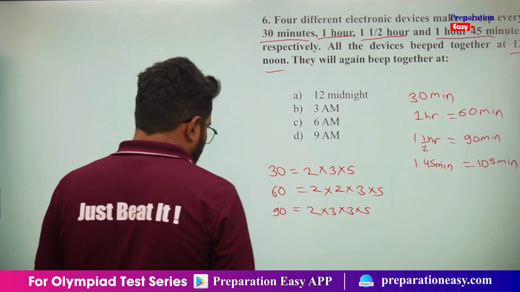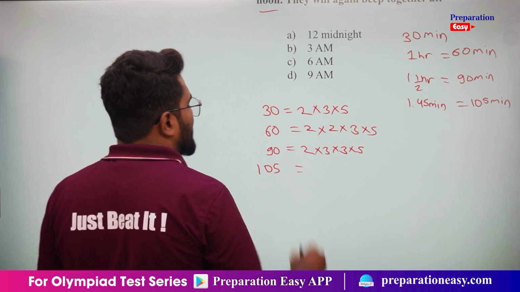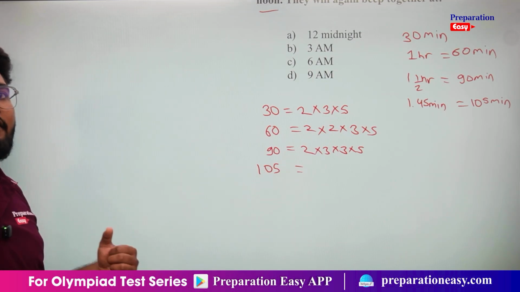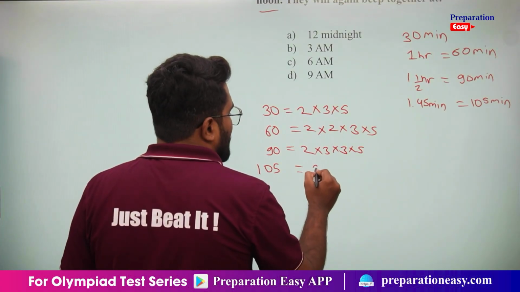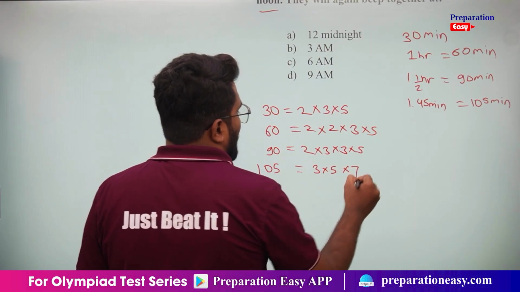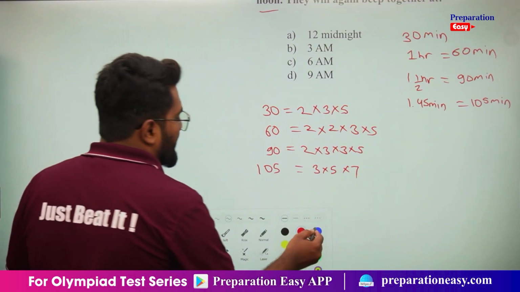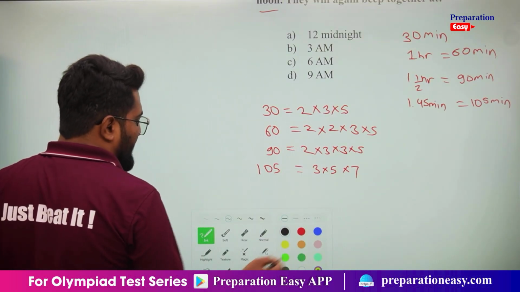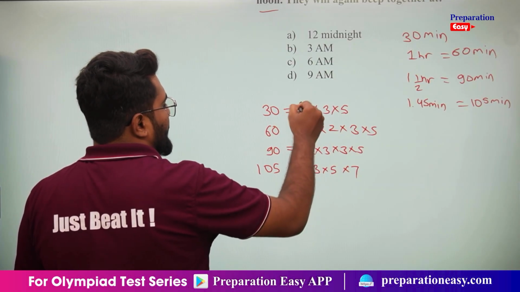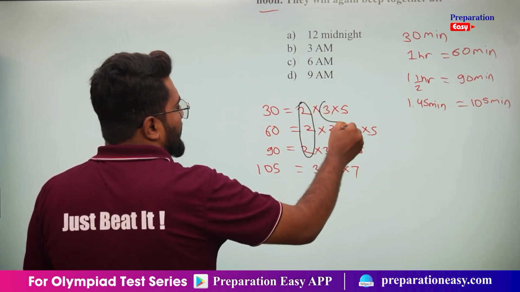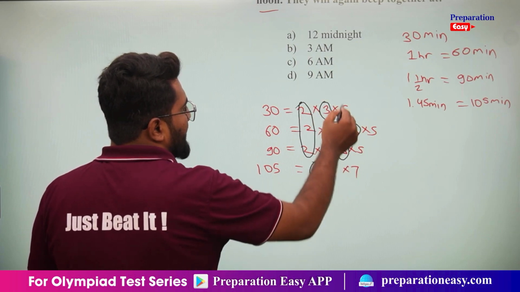And the last one is 105. 105 can be written as 15 into 7, and 15 can be written as 3 and 5. So 7 5s are 35, 35 3s are 105. So we have to find the LCM. What is common here? 2 is common. Then 3 is common, and then 5 is common.